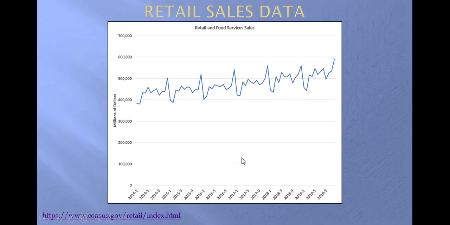These are total retail sales. So we go from 2014 to 2019, 6 calendar years. This is the month-by-month total. The biggest month, always December. A sharp drop-off to January, and then a slightly smaller drop-off to February.